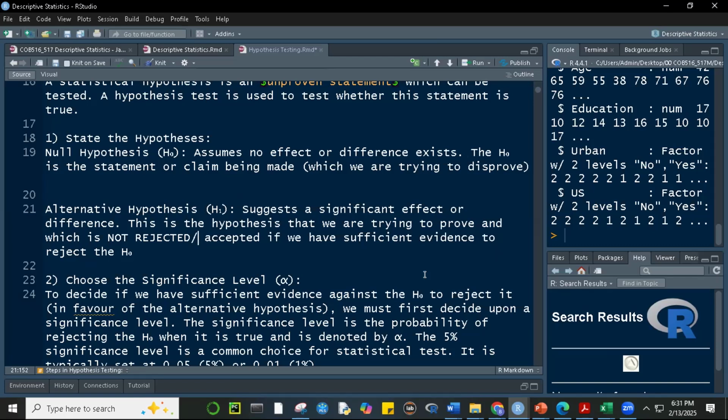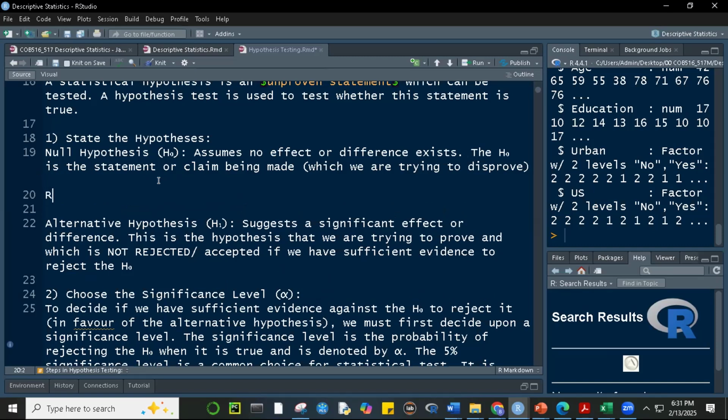Okay, so let me rephrase it. Technically, we don't accept the null hypothesis. The null hypothesis is either we reject or we fail to reject.